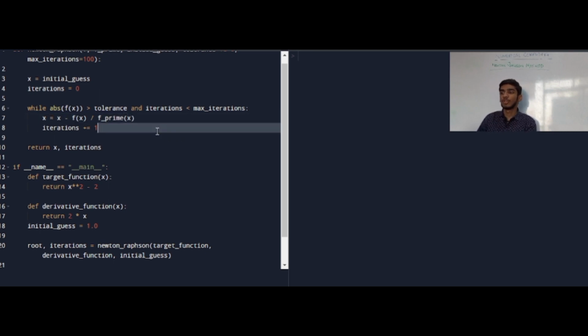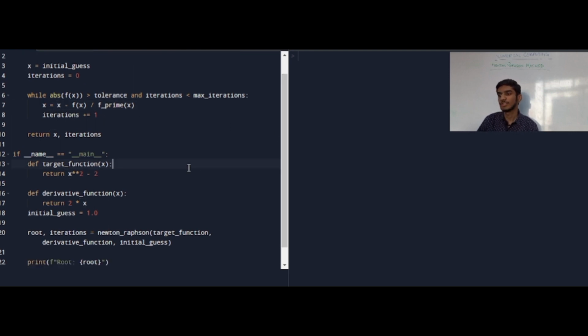And of course it's going to put iterations plus equals to 1 since we have applied a formula here, and it's gonna return x and the number of iterations. So x is the updated value which we have calculated over here, and the number of iterations will increase.